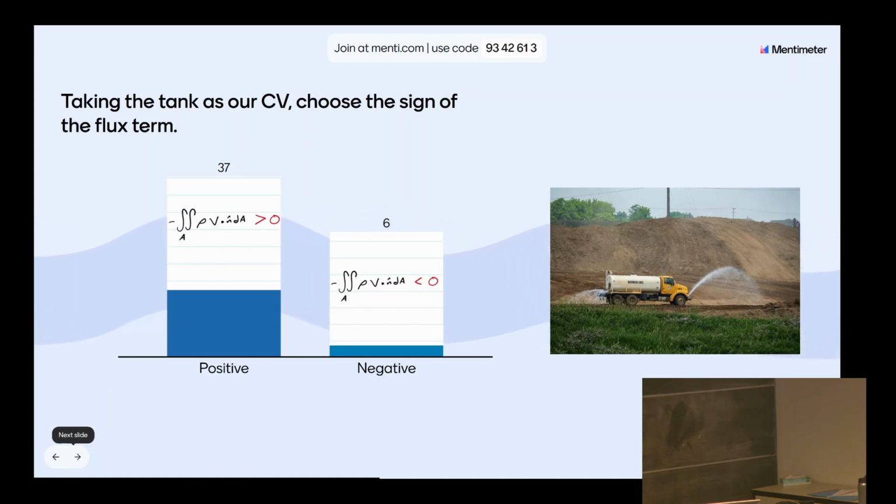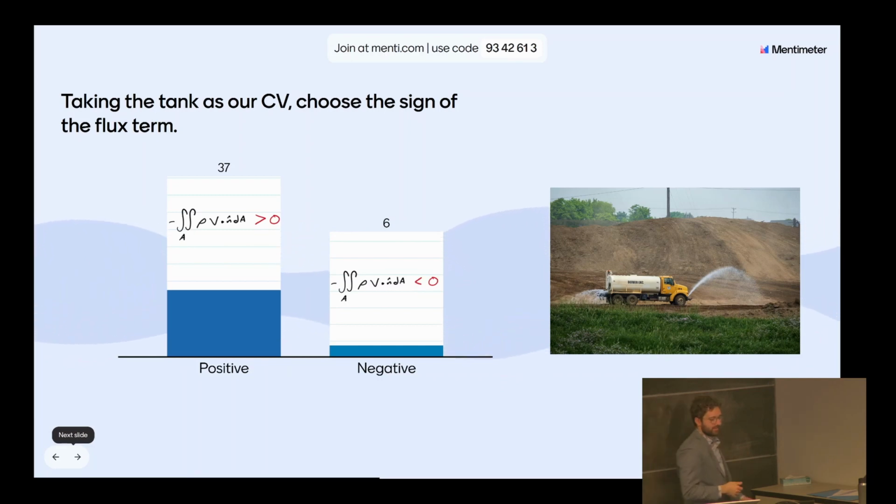We only have flow leaving our control volume, right? So wherever we do this integral, our velocity will be aligned with our normal vector. So this integral without the negative will be positive everywhere. We put the negative in front and then that whole thing becomes negative.